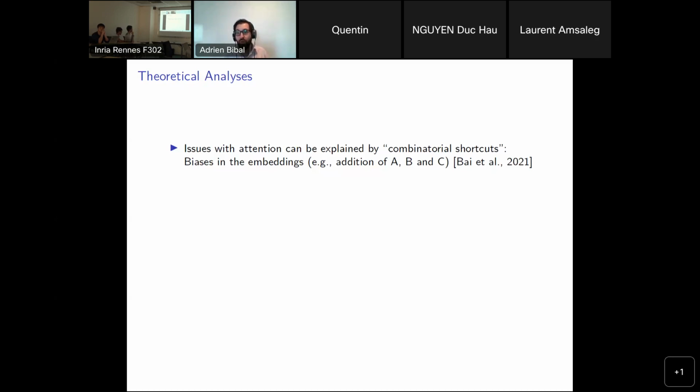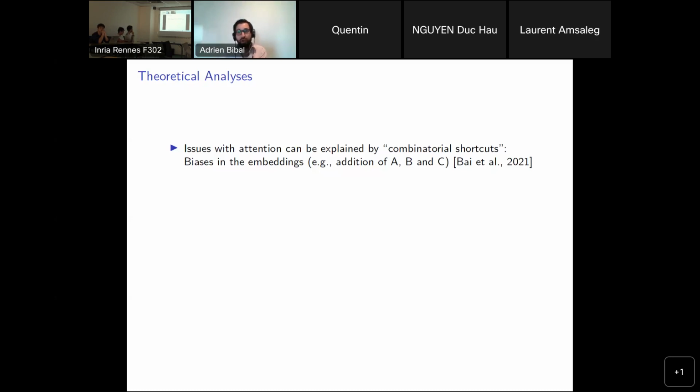And what you can find, for instance, is that in the embedding of your input tokens, so words or here A, B, C, there is a relationship between the input token that you are embedding and the outcome of your, let's say, classification.